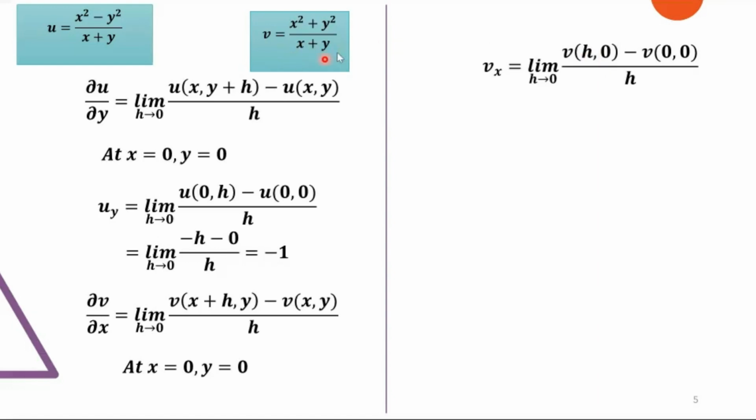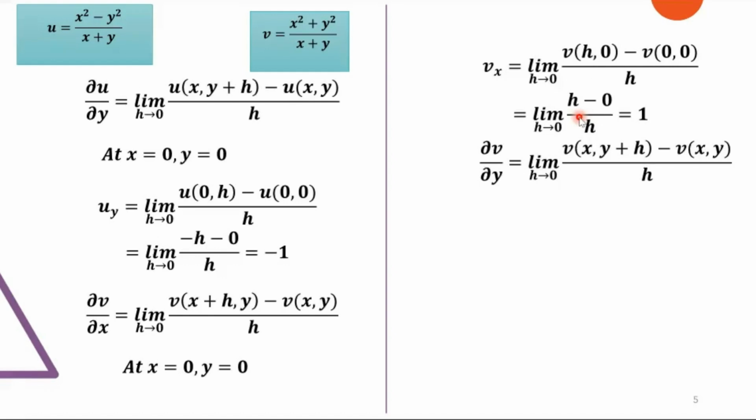We have to see the value of v of h comma 0. So what will come? v of h comma 0 will become h squared plus 0 upon h plus 0, that is equal to h. So this becomes h, and this v is calculated from the function when f of 0 equal to 0. So this part will be 0 upon h, that is equal to 1.